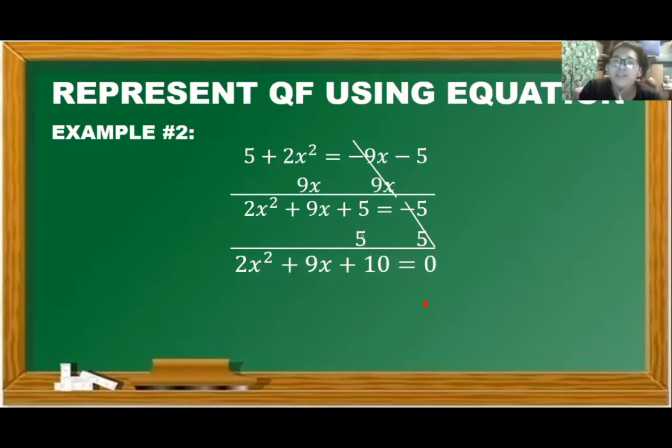Therefore, our answer is 2x squared plus 9x plus 10 is equal to 0. Since this is now in standard form, we can identify the values of A, B, and C, where our A is equal to 2, our B is equal to 9, and our C is equal to 10.